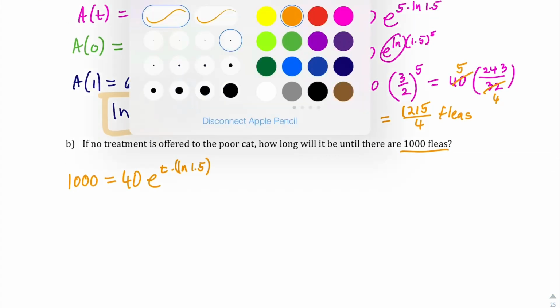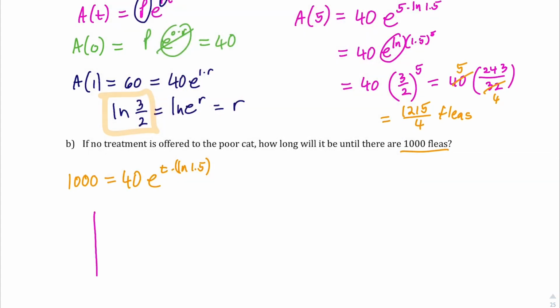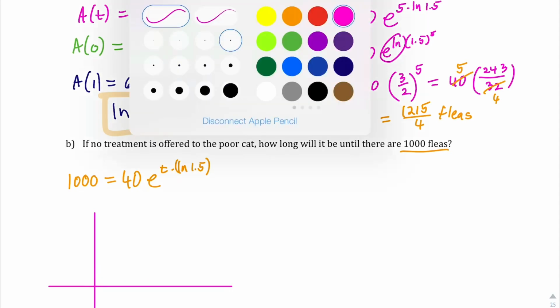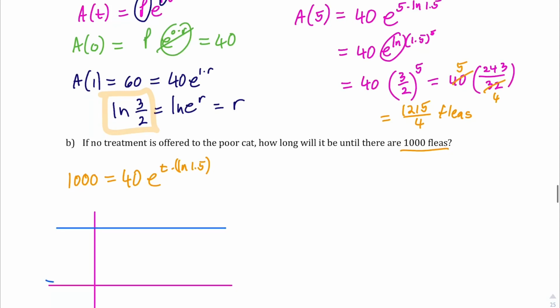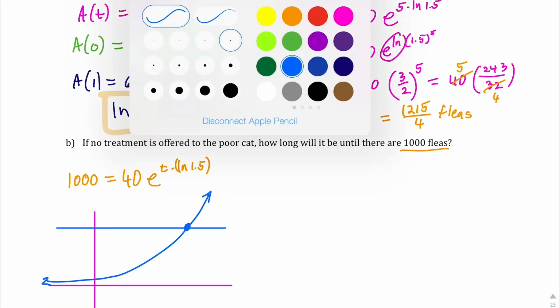The easiest way would be to solve this graphically, so what we would expect is for you to plot this on your calculator. I would recommend plotting 1,000, then plotting the other side, and what we're looking to do is find the point of intersection.